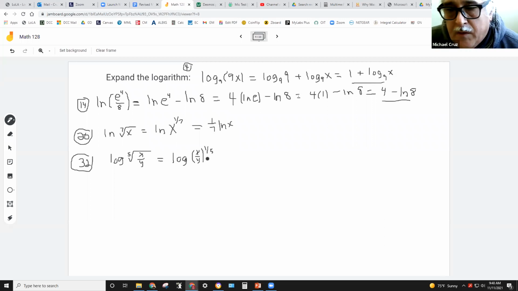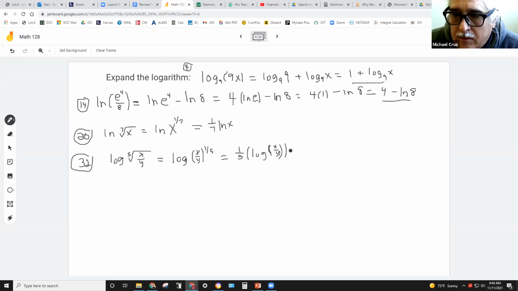And then that 1/5 will come out as a multiplier for this whole thing. Probably not really needing that parentheses out front, but I'm trying to be safe.